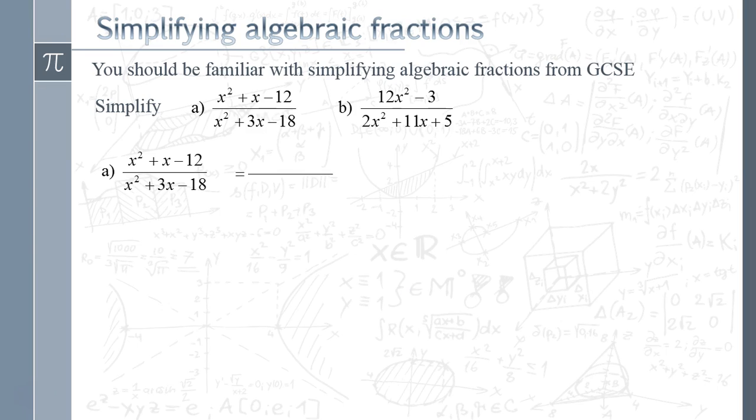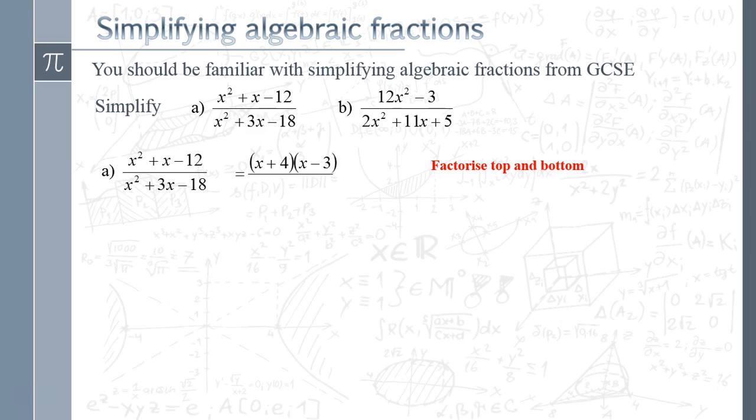If we factorize the expression on the top, we've got x squared plus x minus 12. Factorize it, so we've got (x plus 4)(x minus 3) on the top. As soon as I've done one, I'm thinking that if it's going to simplify, there's got to be a common factor that will cancel out on the bottom.